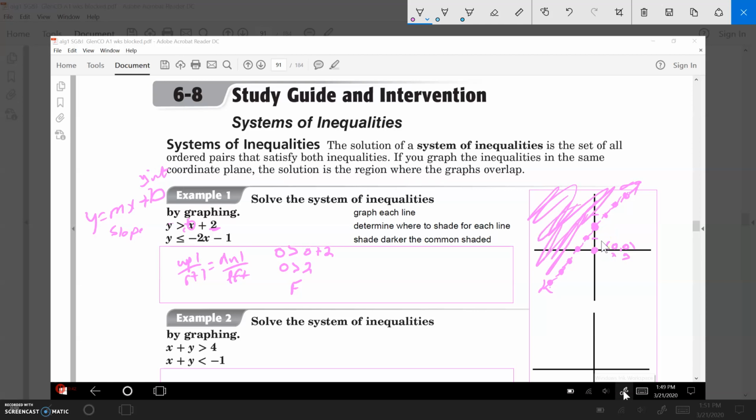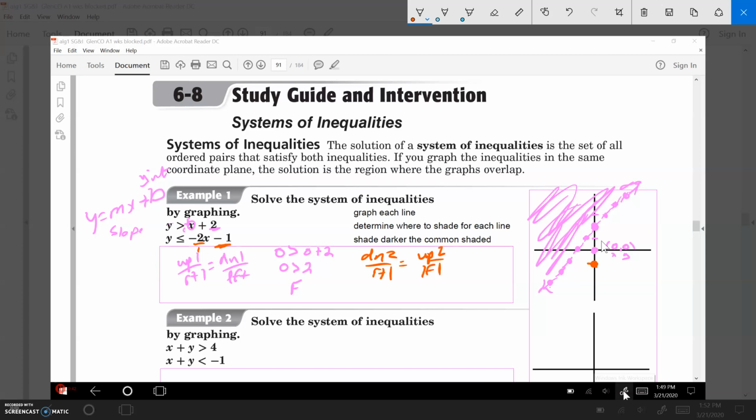Okay. Now let's look at the other line. So this time our y-intercept is -1, and our slope is -2 over 1. So that means I'm going down 2, right 1, or up 2, left 1.